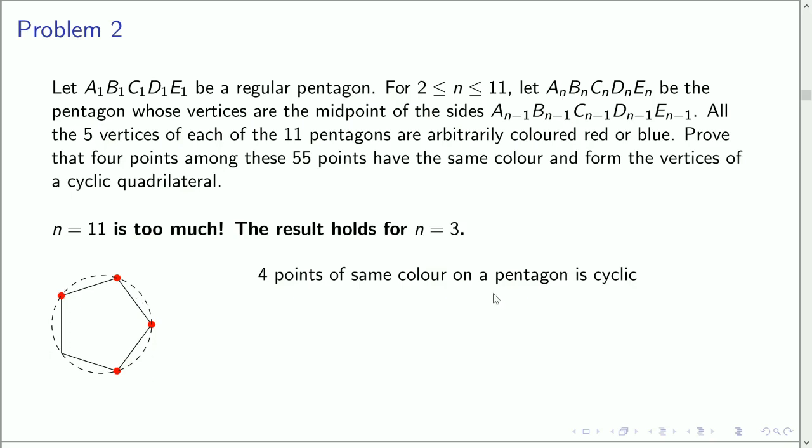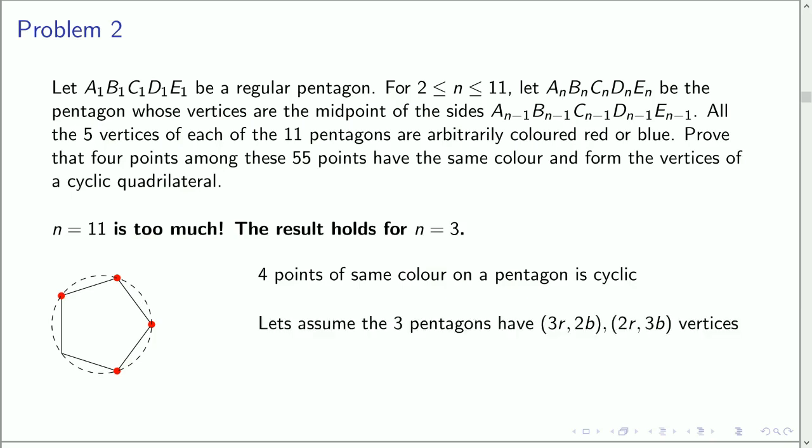So we only have to consider the case where those 3 pentagons have 2 points of one color and 3 points of another color. Each of these 3 pentagons has 3 red and 2 blue, or 2 red and 3 blue vertices.